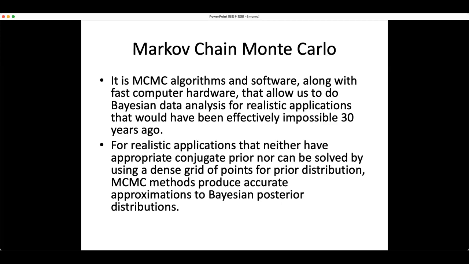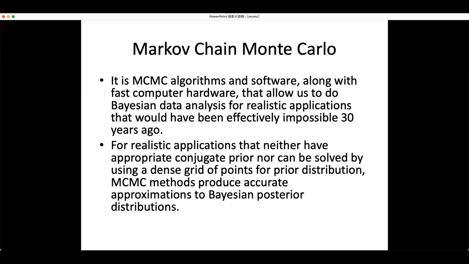It is obviously the MCMC algorithm and the fast computer hardware that allowed us to do Bayesian data analysis. That's where you just hit the magic button for the inference, regardless of how complicated your model may look.